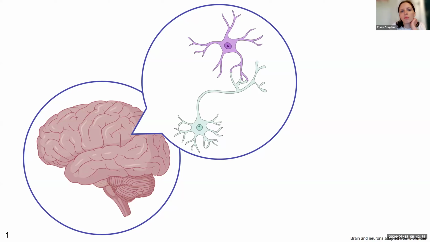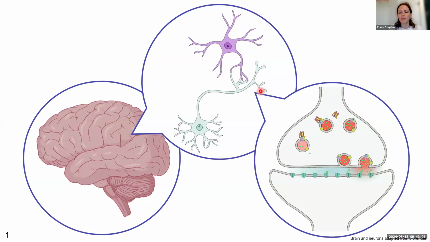The neurons in the brain interface with each other via synapses. Each neuron can have up to around 7,000 synaptic connections, meaning there are estimated to be about 100 trillion synaptic connections in the brain, and these are all crucial for brain activity.